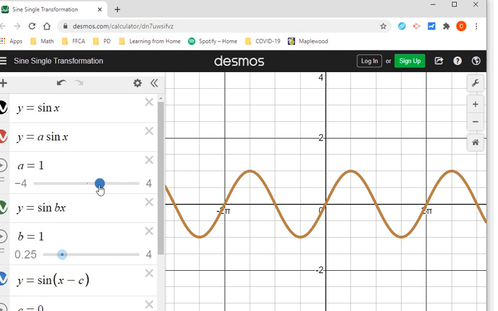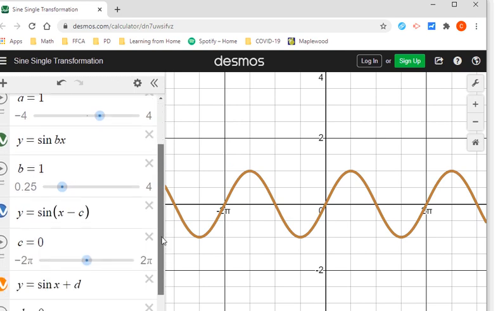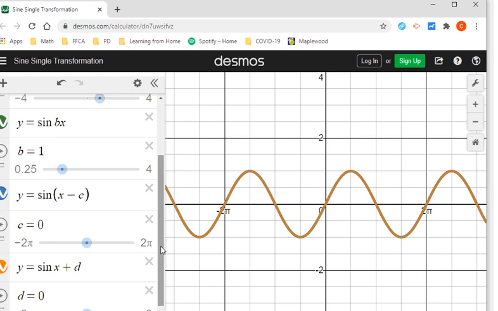Now, what's going to happen if I change this b value, if I make it bigger? Rather than tell me in terms of transformations, I'd like you to predict in terms of the features we talked about yesterday. So yesterday we talked about amplitude for a periodic function. We talked about domain and range.